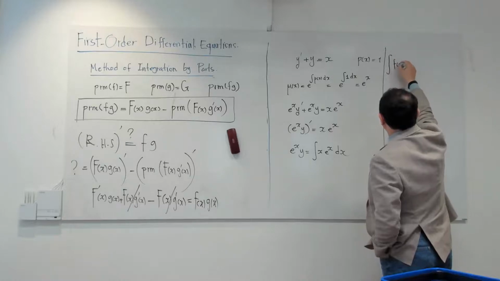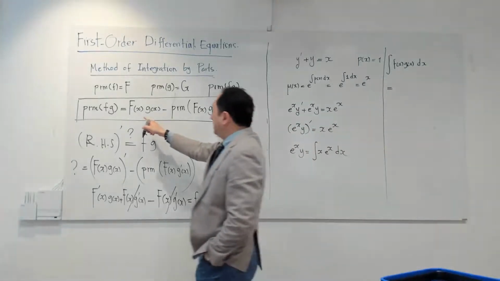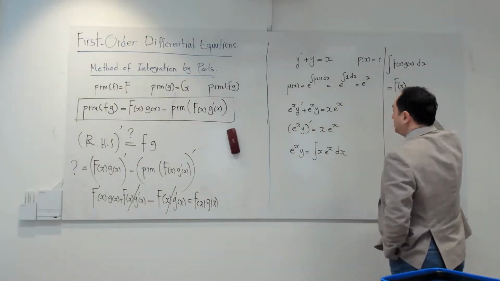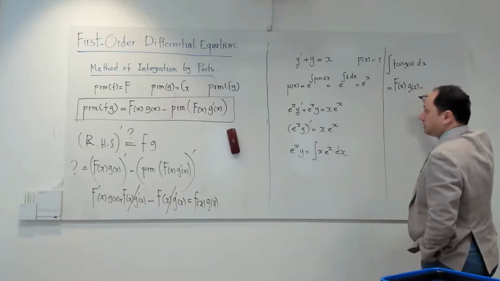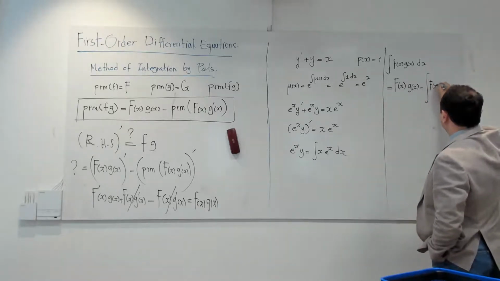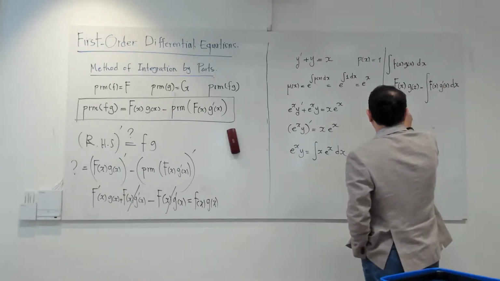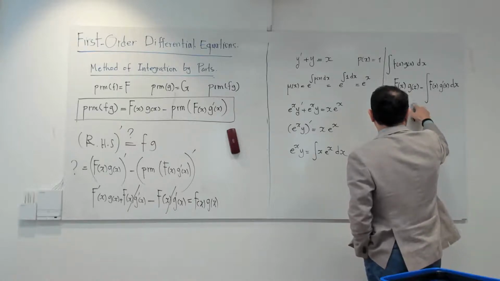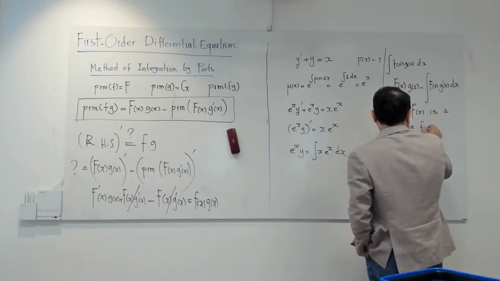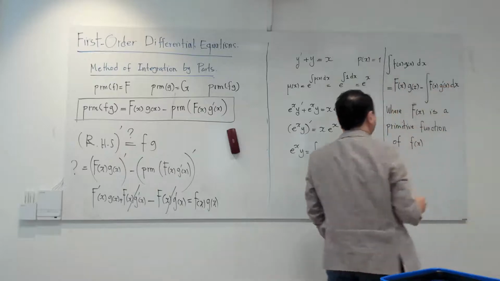The integral of a product of two functions is equal to f of x multiplied by g of x minus, instead of primitive, I write integral again, capital F of x, g prime of x, dx, where capital F of x is a primitive function of f of x. So this is the formula of integration by parts.